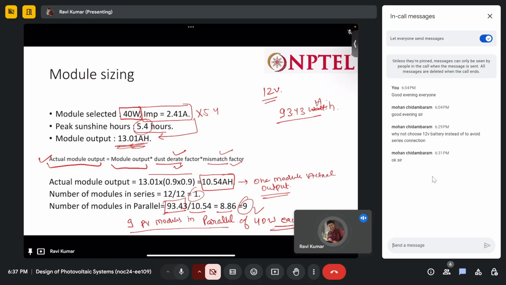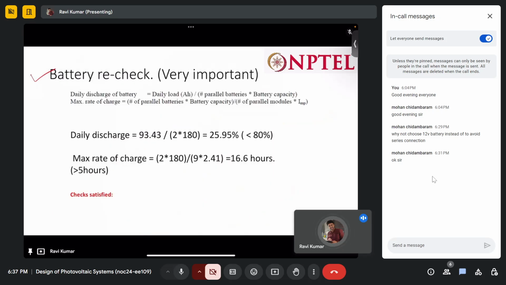Now we will recheck something. Recheck means we will see whether the PV modules are enough to charge our battery, yes or no. So we are doing the battery recheck. First we will find out the daily discharge of the battery. We have two batteries in parallel.